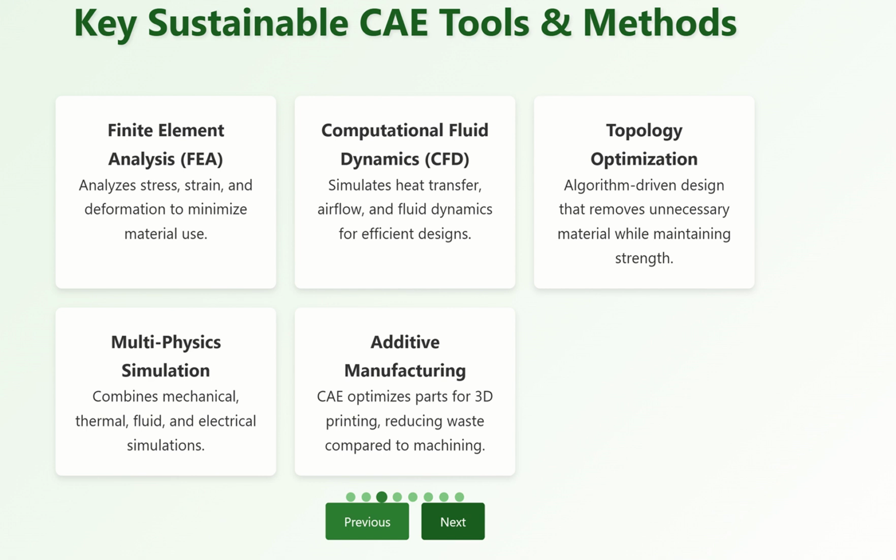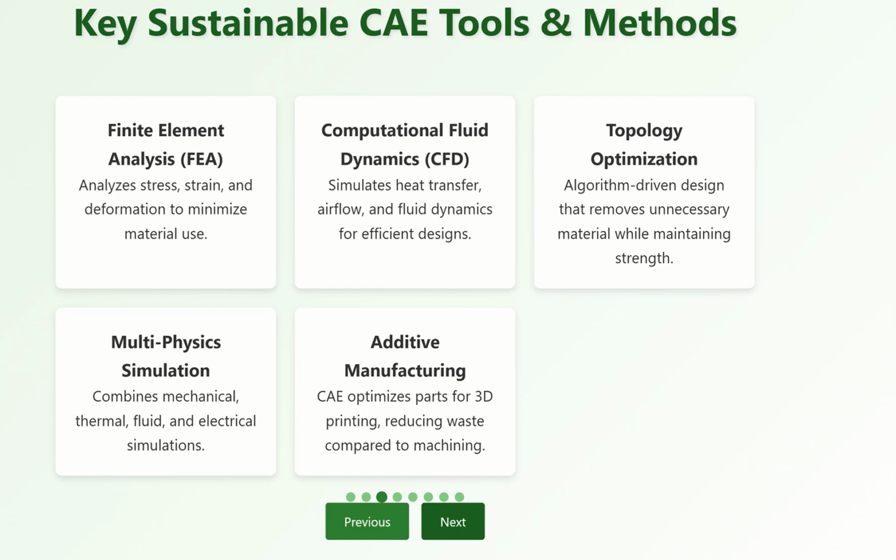Then lastly, we have what we call additive manufacturing. So these are some of the tools you can integrate in your computer-aided engineering to understand how you're going to give a sustainable solution in your design. Additive manufacturing is about 3D printing. You are producing something by adding. So you want to optimize parts like 3D printing to reduce wastage of materials.